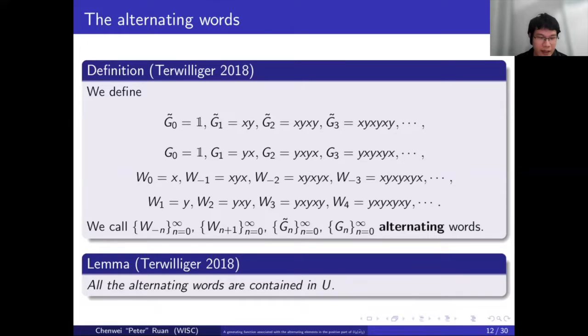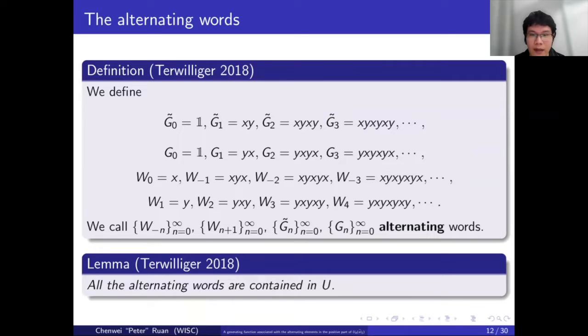And now we can talk about the alternating words in U. We define G tilde_n to be a repeating of xy, xy, xy, and G_n to be a repeating of yx, yx, yx. W minus n looks like xy, xy, xy, starting with x and ending with x, and W plus n, so W_n for n positive, looks like yx, yx, yx, y, so it starts and ends with y.